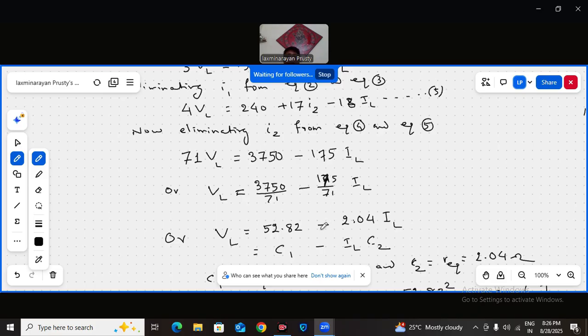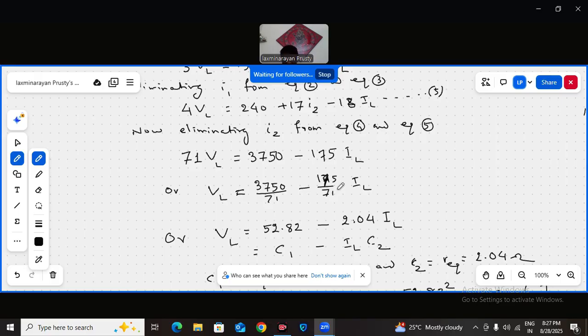So this becomes 175 by 71. This is 52.8, and this will be something else, 71. Who can tell me what the division is? I think 2.04 is not right.